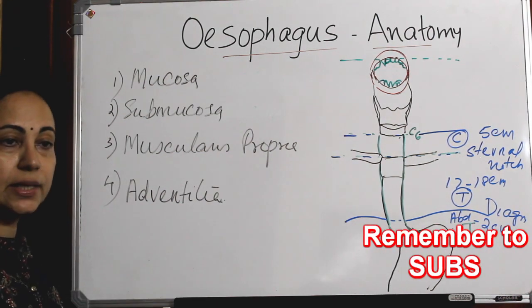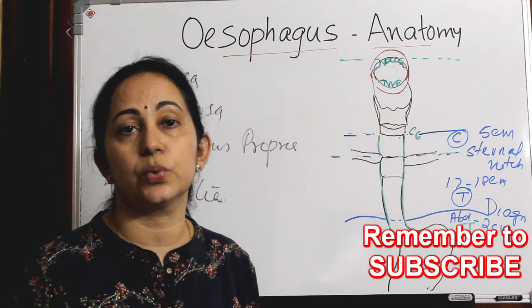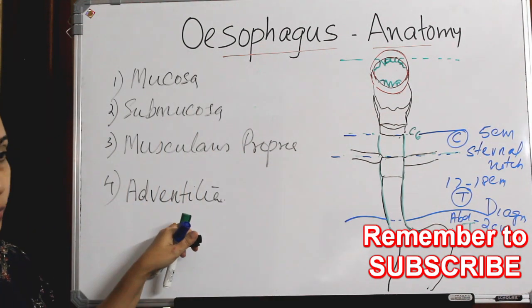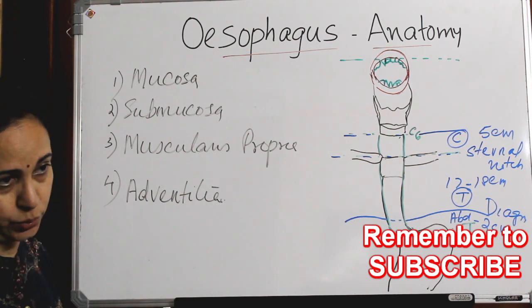This adventitial layer helps in surgical mobilization and dissection of the esophagus during surgery. Mobilization and dissection are easier because of the adventitial layer, and it lacks a serosa.